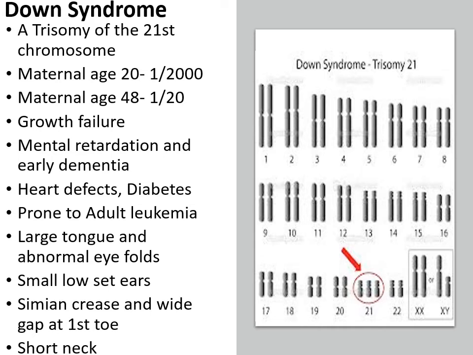If you look at your palm right now, you likely don't have a crease that goes completely from one side of your palm to the other, okay? And they often have a wide gap between their first toe and the others, and they have a short and sometimes webbed-shaped neck. Okay, so we'll come to a slide on that.